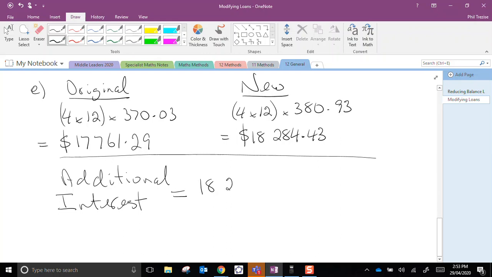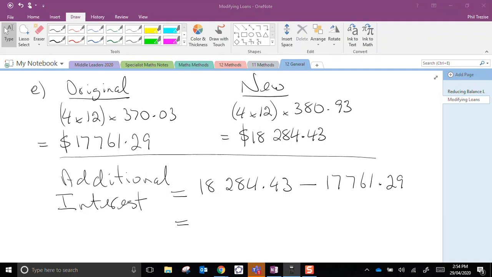We need 18,284 and 43 cents. Subtract 17,761 and 29 cents. Let's just figure that out. What is it? 18,284 and 43, subtract 17,761 and 29.